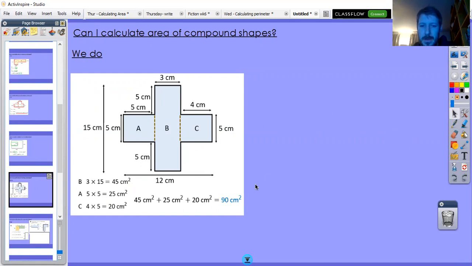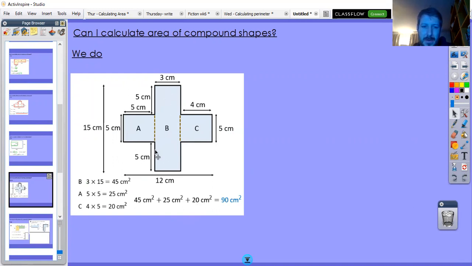Okay, so hopefully using all the information, even giving you the answer as well, you've been able to work out how it was done. So you've got the three different shapes that you had. Shape A, which was this smaller shape here, which is 5 times 5, and you were able to work out that that was 25.